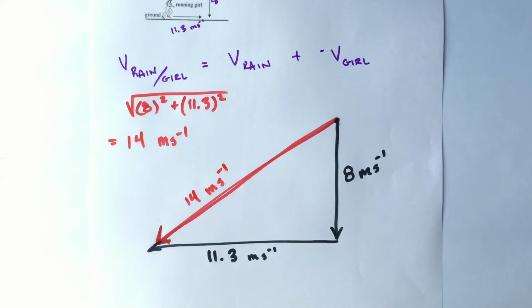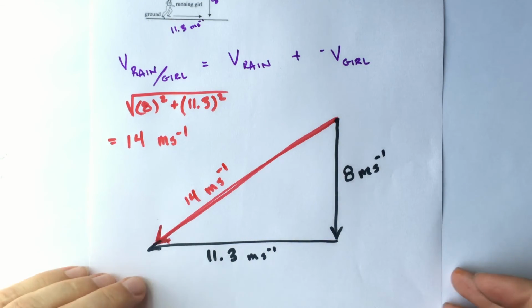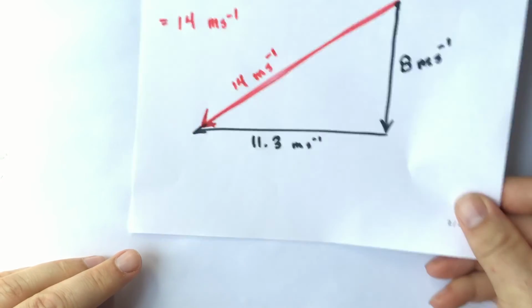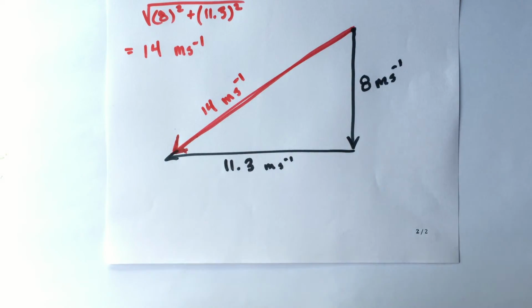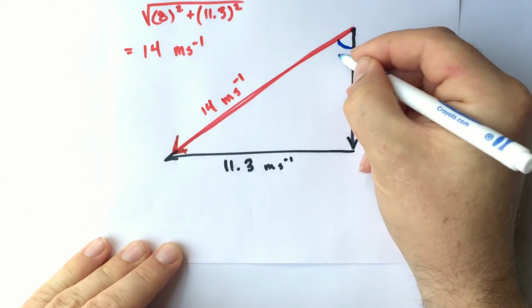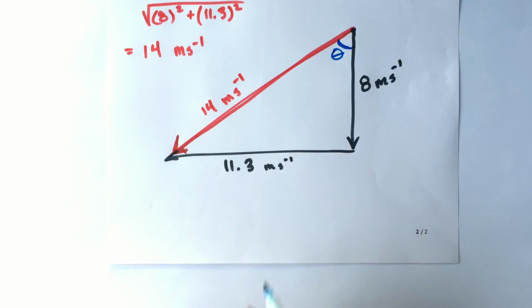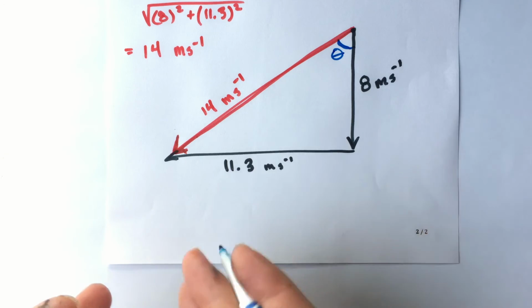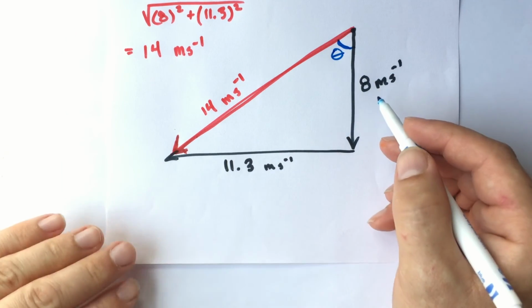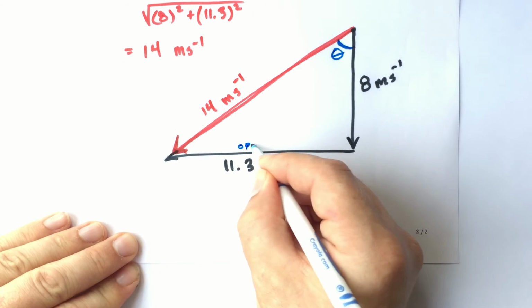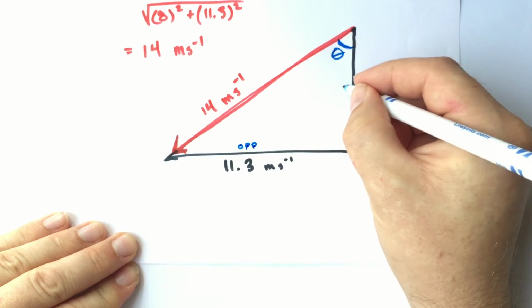And now we need an angle. So how do we represent the angle here? I think it's good to draw an angle here and say, let's find that angle, and then we'll draw a picture with our answer that shows that's the angle we're really talking about. If this is our angle, then this is the opposite side and this is the adjacent.